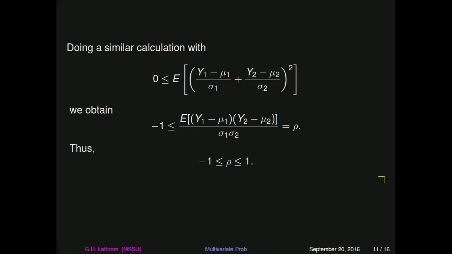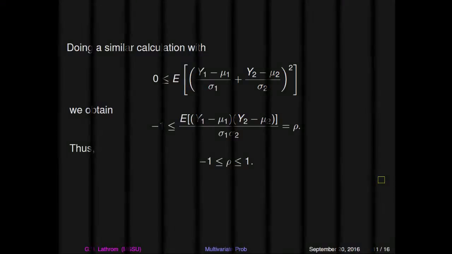And so what happens as a result is we have our correlation coefficient always sandwiched between -1 and 1, inclusive.